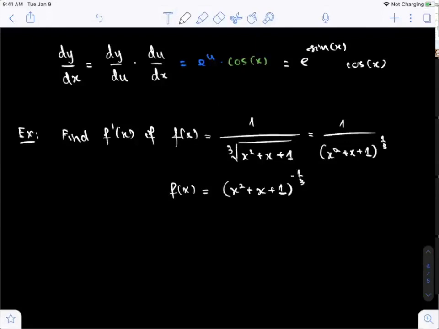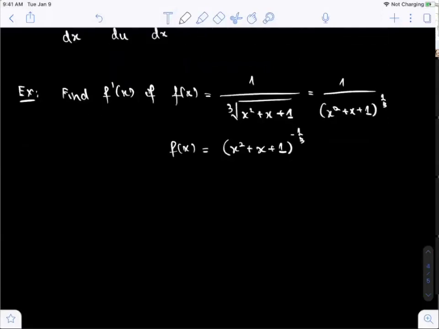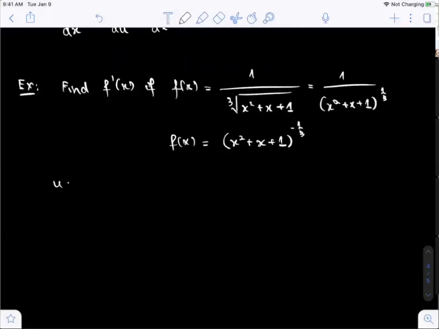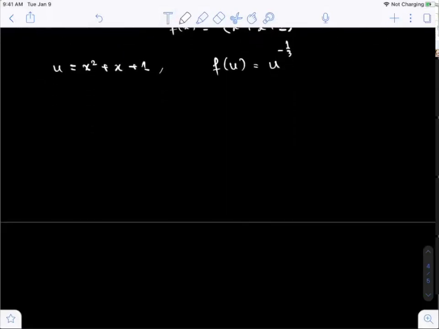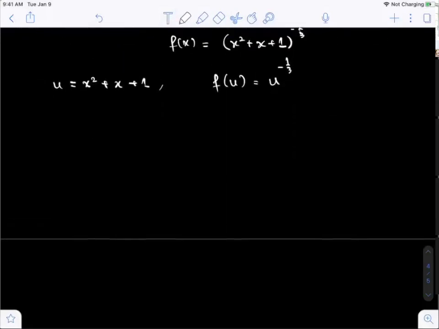So this helps identify the inside function and the outside function. The inside part is x squared plus x plus 1. So you let u equal to x squared plus x plus 1, and f of u is equal to u to the negative 1/3. Like I said, we still follow the formula: the derivative of the outside function multiplied by the derivative of the inside function.